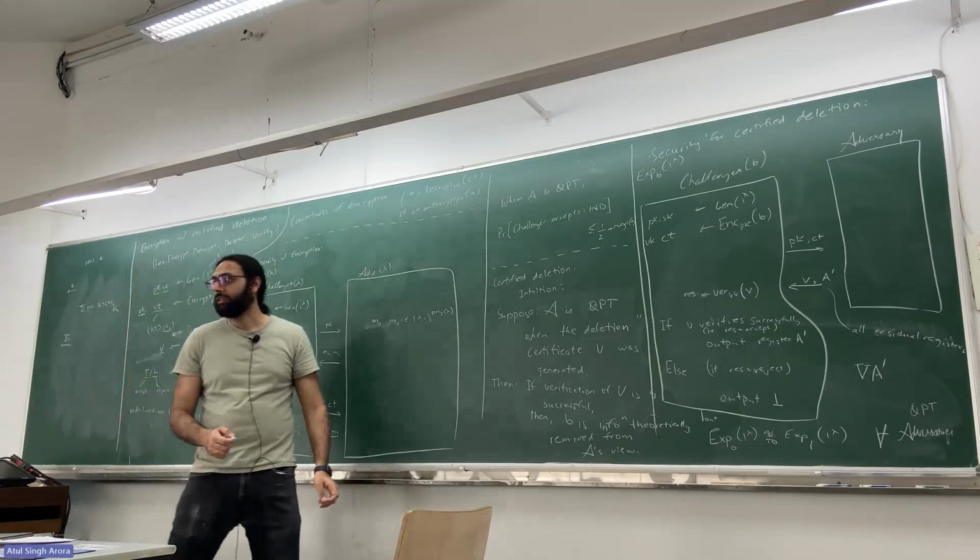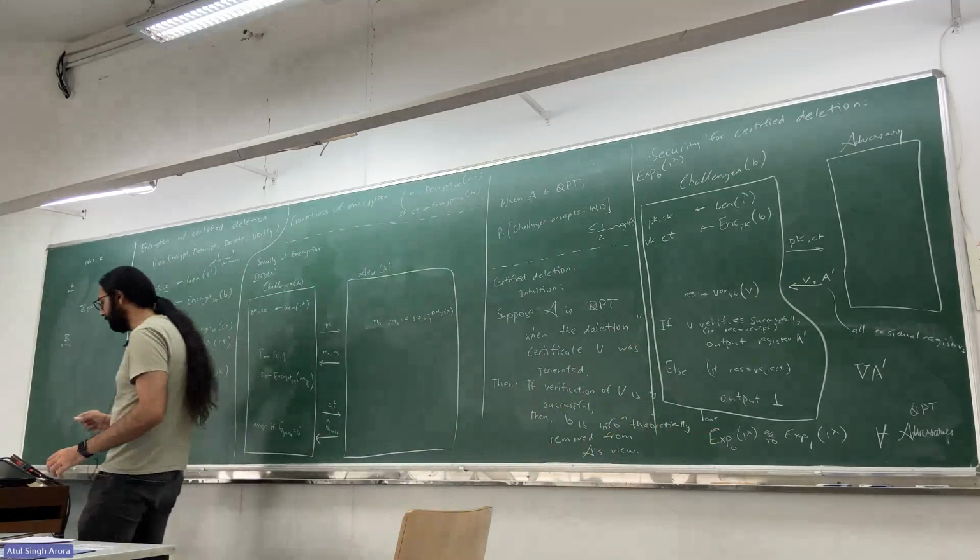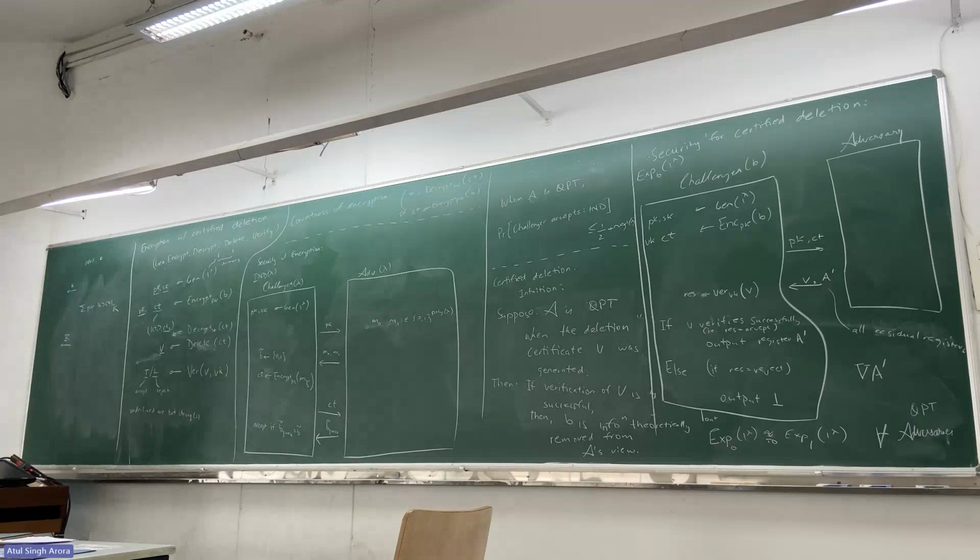Trace distance, yeah. I should also clarify this. The trace distance between rho and sigma is at most negligible.